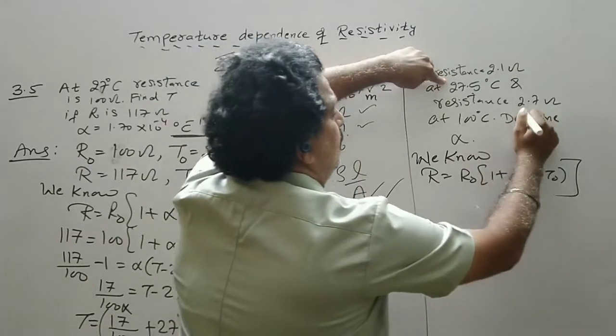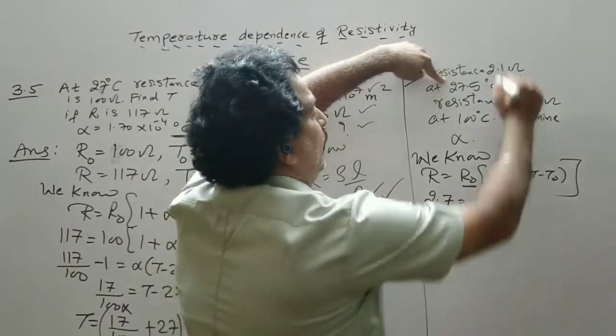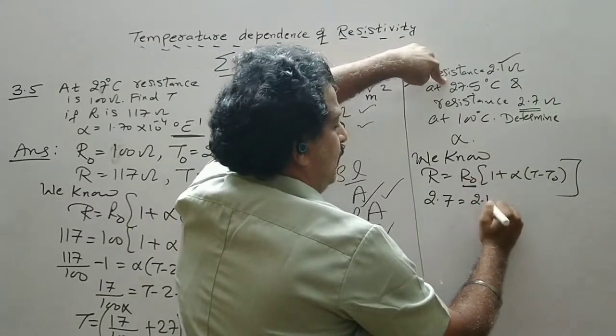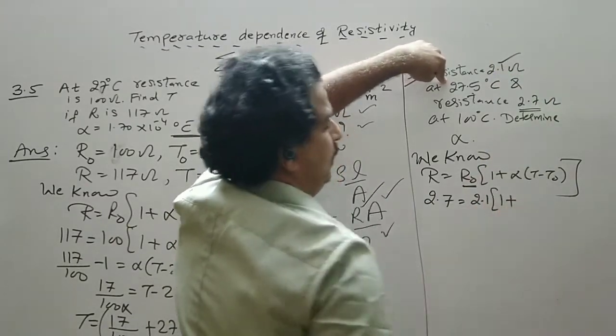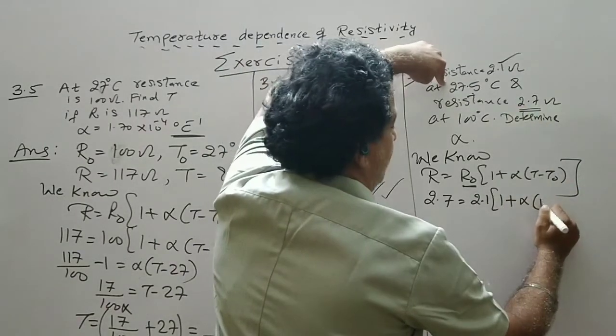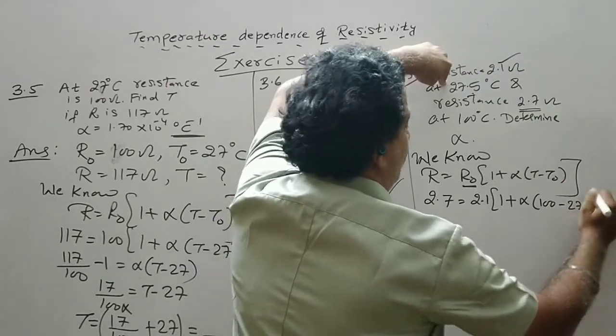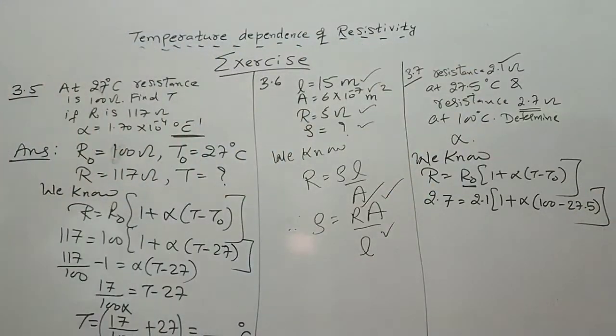So R becomes 2.7 is equal to R naught, that is 2.1, times 1 plus alpha into T, which is 100 degrees centigrade, minus 27.5 degrees centigrade.